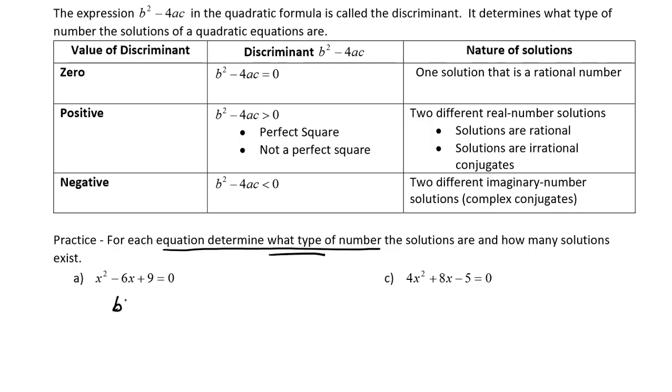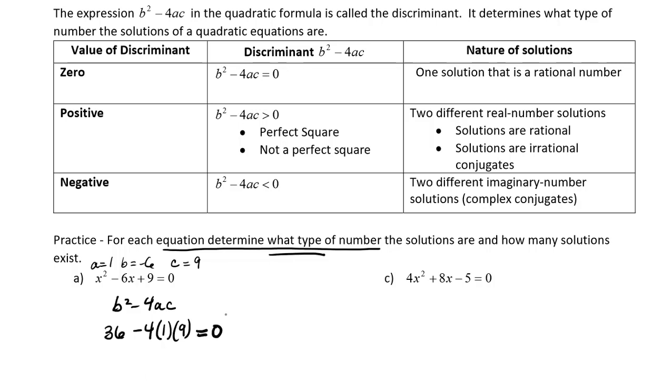So b squared minus 4ac for this first example would be a equals 1, b equals -6, and c equals 9. So b squared will be 36 minus 4 times 1 times 9. So we'll have 36 minus 36, which equals 0.